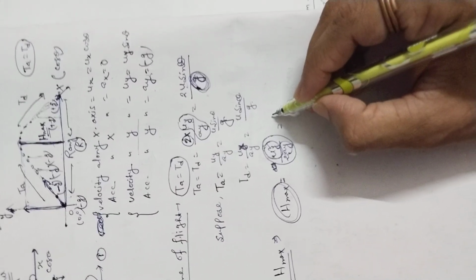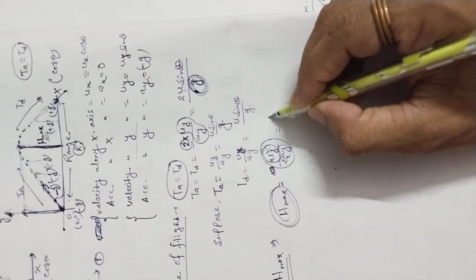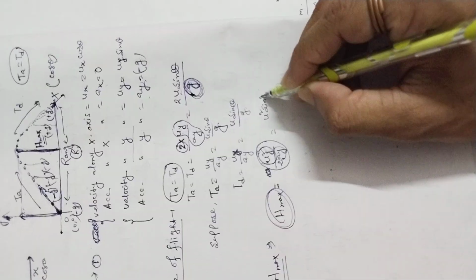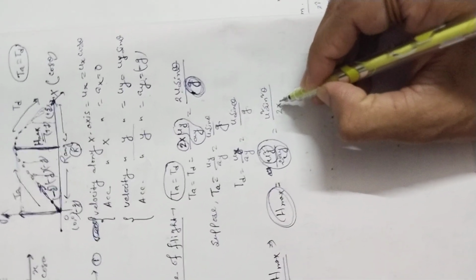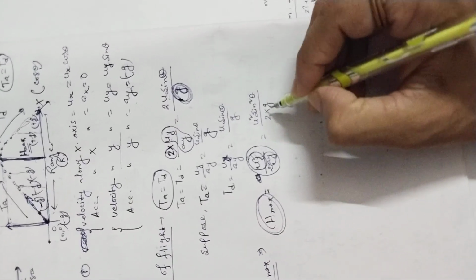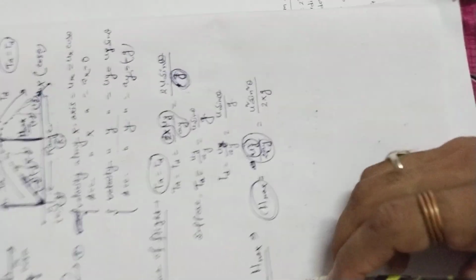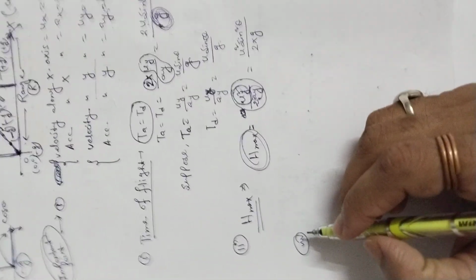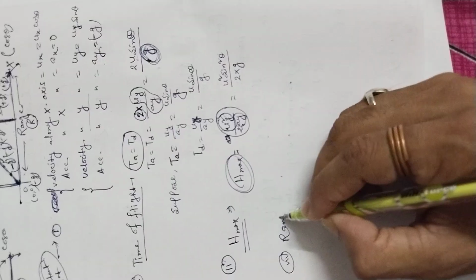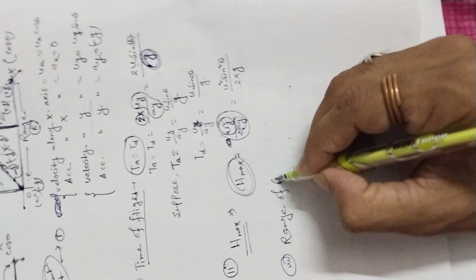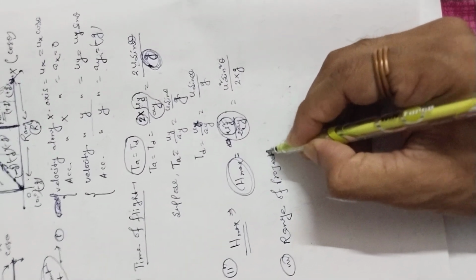So we can put the value of uy: u square sin square theta by 2 into ay, that means g. Number 3, range of projectile.